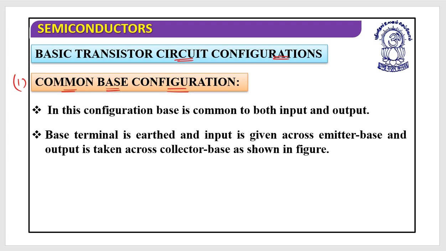In the common base configuration, the base is common to both input as well as output, and the base terminal is earthed. The input is given across the emitter and base, and output is taken across the collector and base, as you can see in the figure in the next slide.